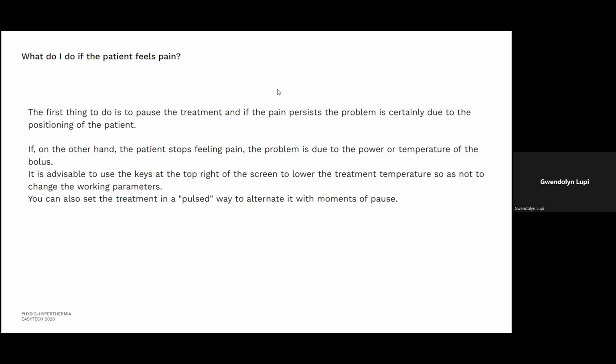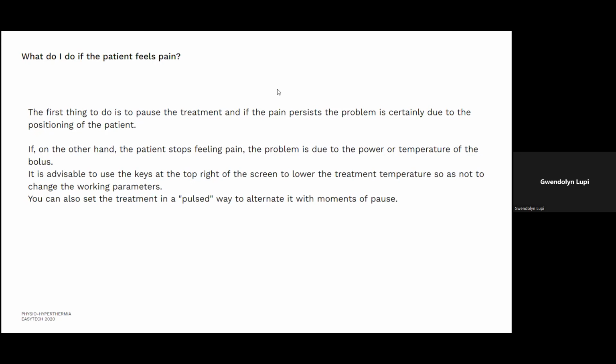Then what I already told you, you can use the two keys we have seen on the top right of the screen of the software, to decrease, or on the contrary, to increase the heat peak. This will allow you to stay in the protocol, but decreasing a little bit the heat peak.